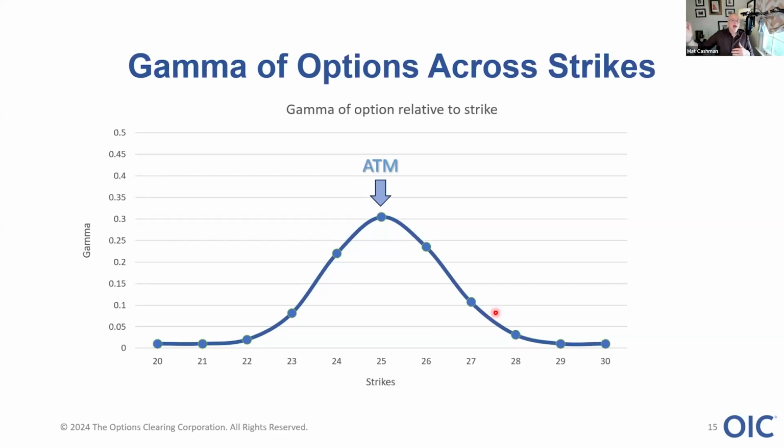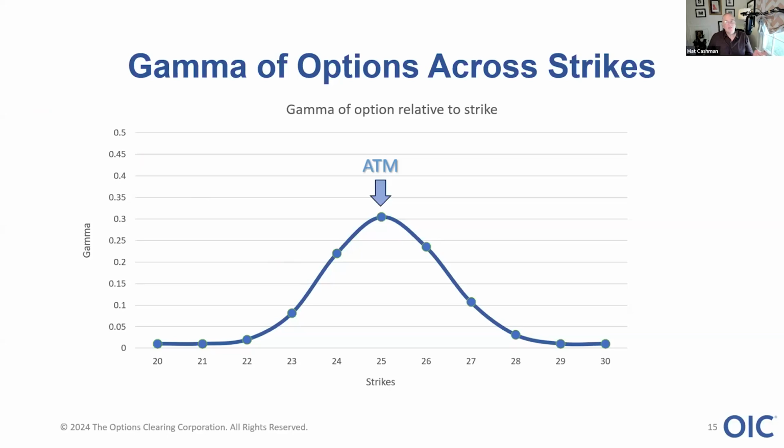And as options get less gamma, they all start to get less gamma. And that means that the gamma curve starts to flatten. And so what you end up with is strangles in the back of the curve have more Vega and less gamma, but strangles in the front of the curve have very little Vega, but a lot of gamma, relatively speaking.